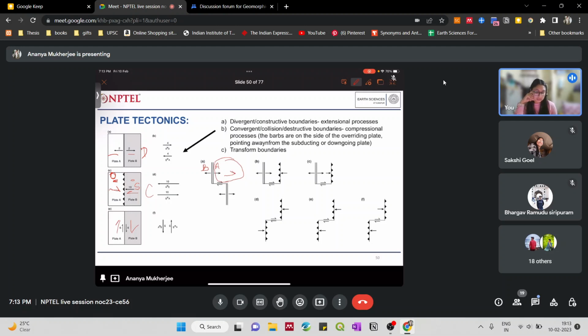Now suppose there is another plate over here, say C, okay. So between A and C, sorry, this is also A, okay. So this entire one is one plate, okay. So this is your entire plate and this is your B plate, okay.